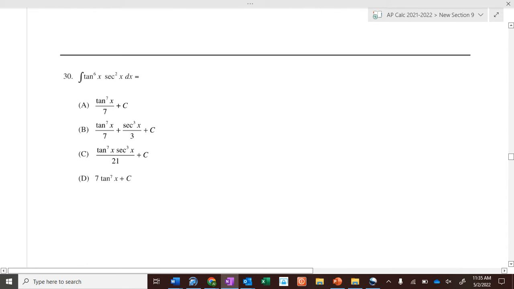All right. So, what's the first derivative of tangent? It's secant squared. You gotta memorize those. Okay? So if u is tangent of x, then the first derivative of that is secant squared of x.